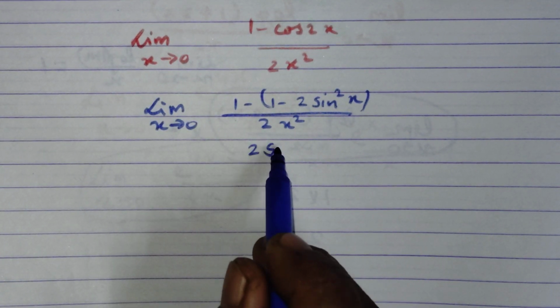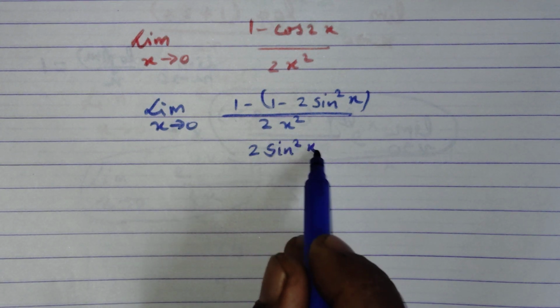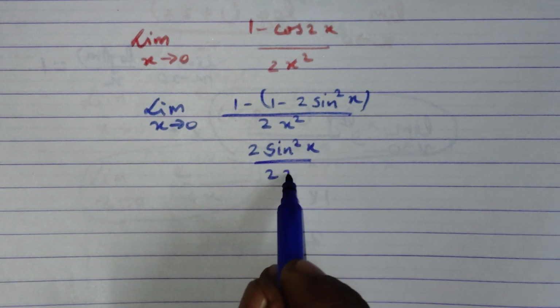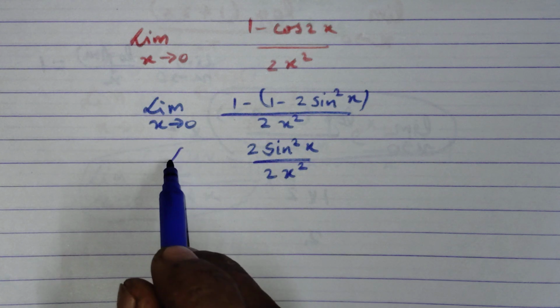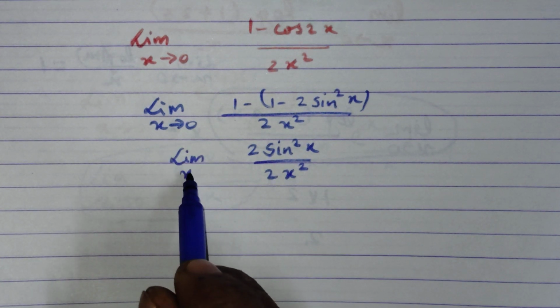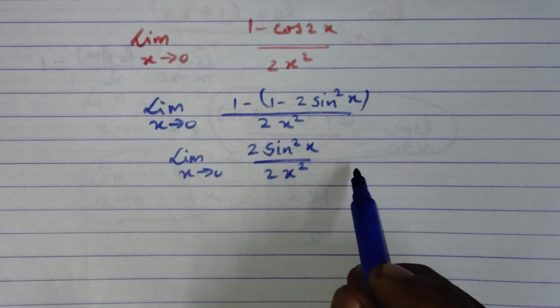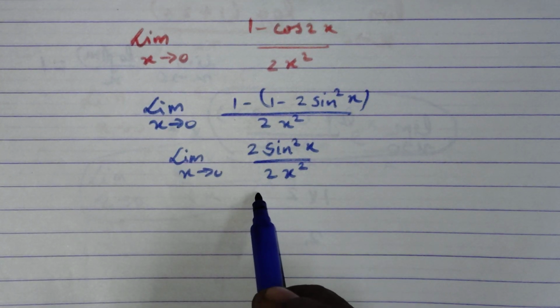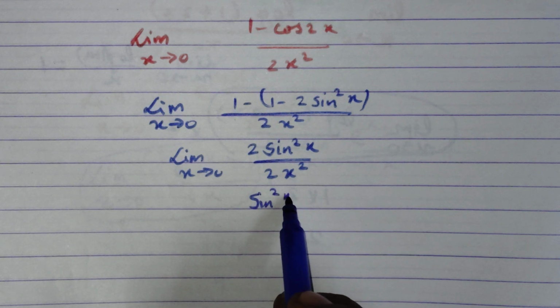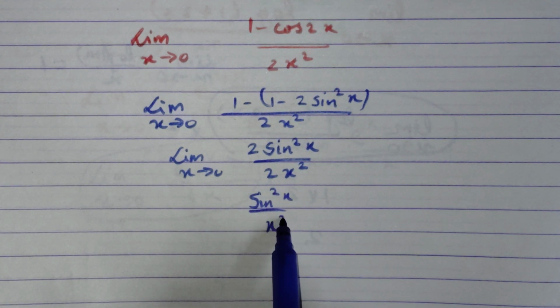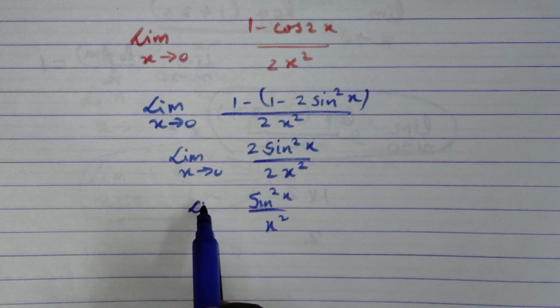So 2 sin square x over 2x square, limit x tends to 0. So numerator 2 and denominator 2 cancel out. So it becomes sin square x upon x square, limit x tends to 0.